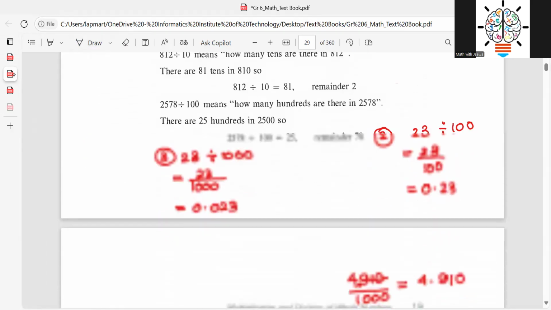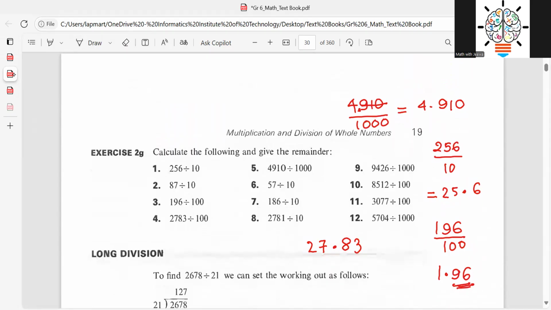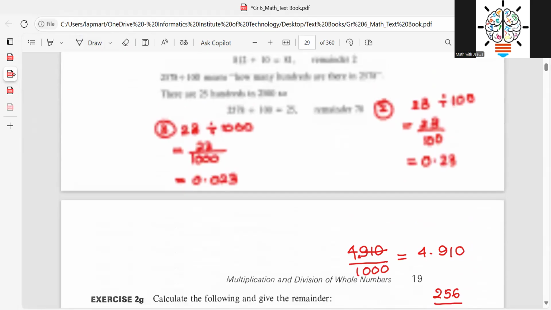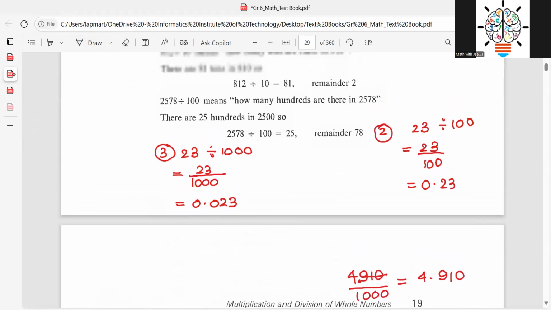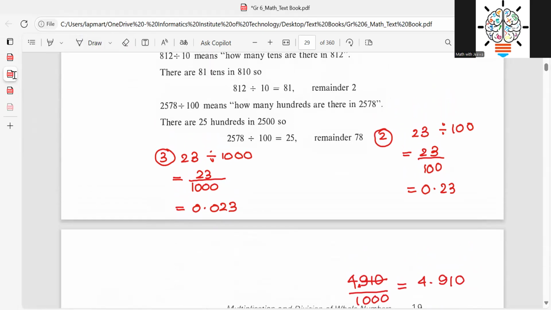Now you just see when you are dividing by 10, 100 and 1000, you want to write the answer and the remainder, right? Answer and the remainder. And you can write this as a division, the decimal also. Here we'll see how they have written. They have just written 81 remainder 2. 25 remainder 78, right?